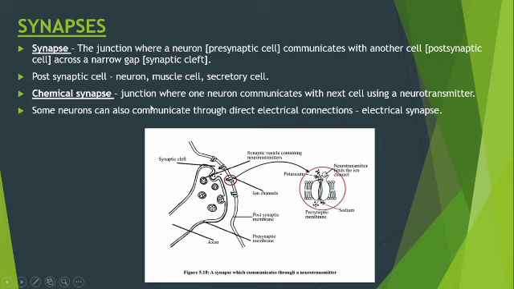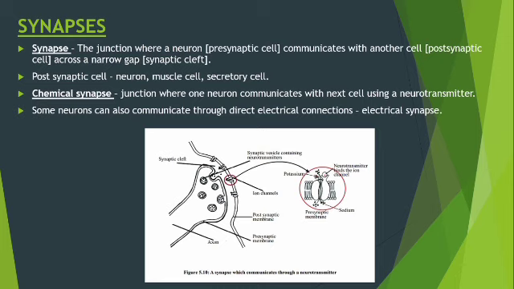This junction where one neuron communicates with the next cell using a chemical or neurotransmitter is called a chemical synapse. And some neurons can also communicate through direct electrical connections. They are the electrical synapses.